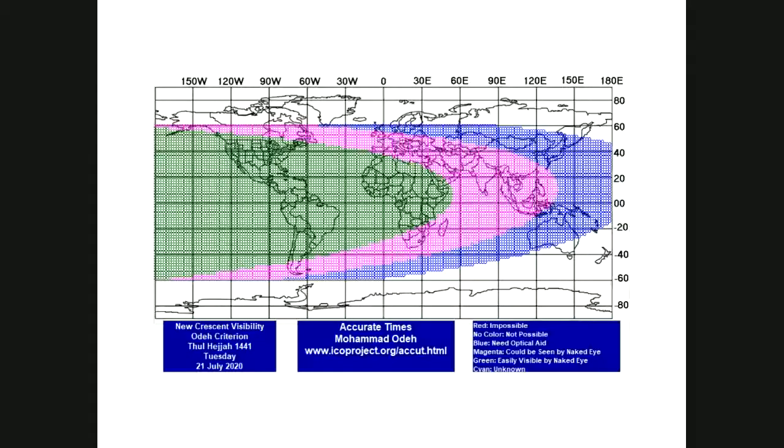You can just use the criteria that long time ago they used. That means you have to look in the west, above the western horizon. But now it is calculated, and it is known where the moon is, and it could even be sighted during the day if you want to use a special camera and so on.